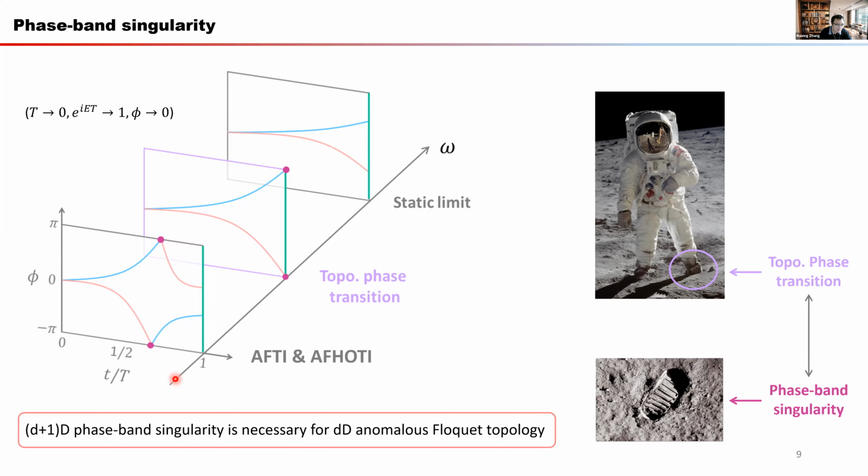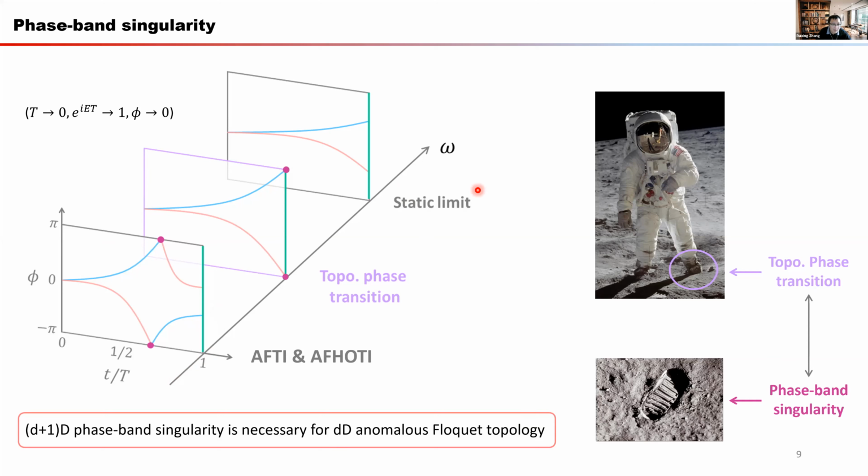Let's first start from this kind of topological state that has this phase band singularity, and then we want to gradually increase the driving frequency of the system. We know that if the driving frequency goes to infinity, we go to a static limit, right? Because this is where we recover the infinitesimal translation symmetry in time.